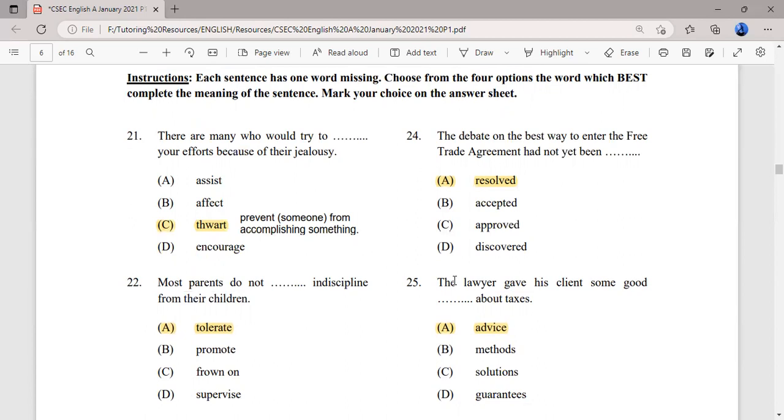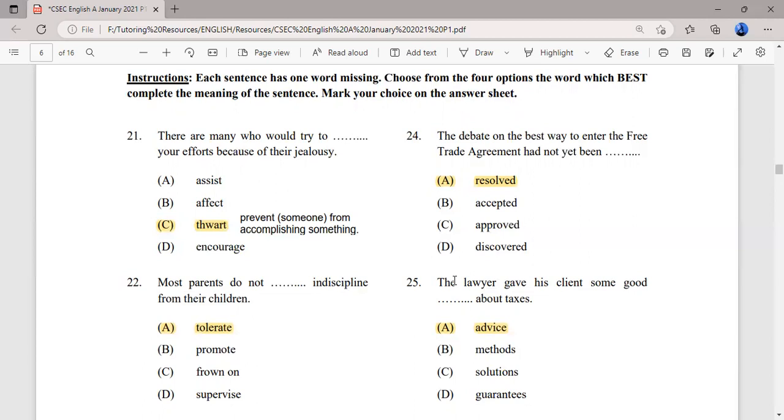24. The debate on the best way to enter the free trade agreement had not yet been dashed. We have B, accepted, C, approved, D, discovered, A, resolved. Since we're talking about a debate, the rest of the options don't really make much sense.